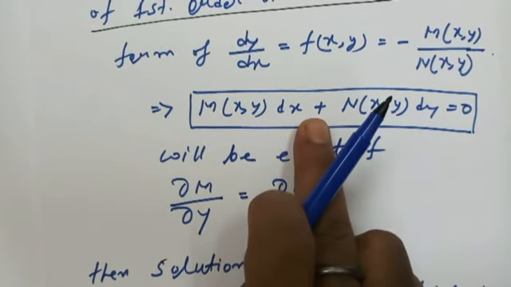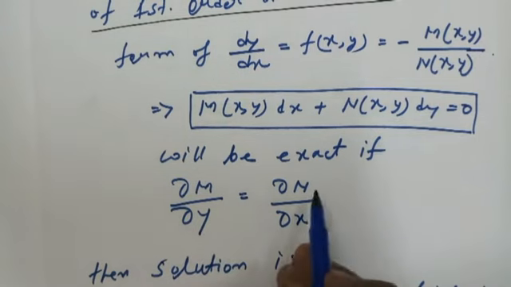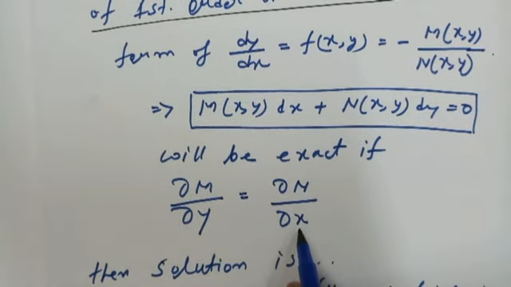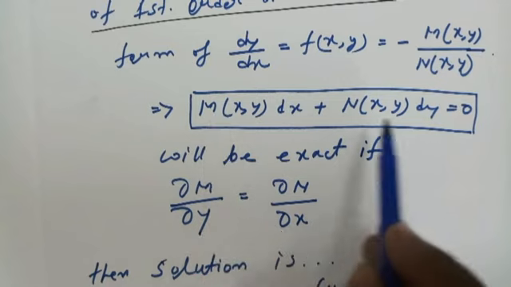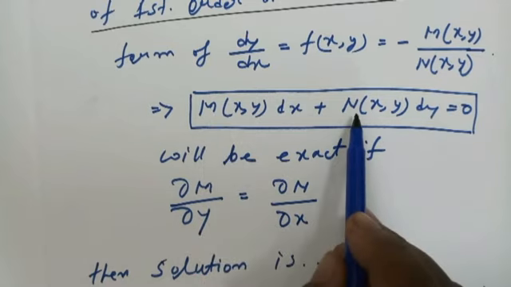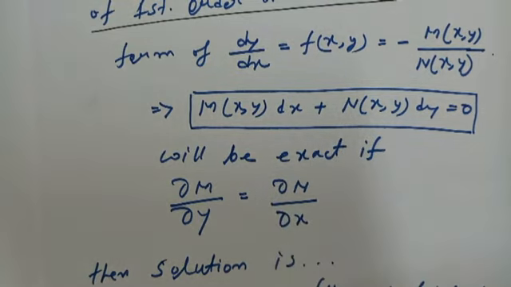So this differential equation will be exact if del M by del y equals del N by del x. M will be partially differentiated with respect to y, and N will be partially differentiated with respect to x.